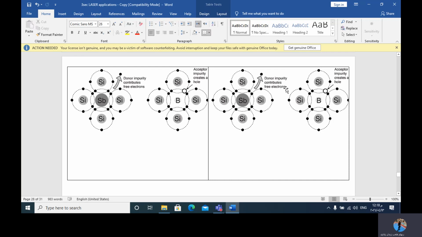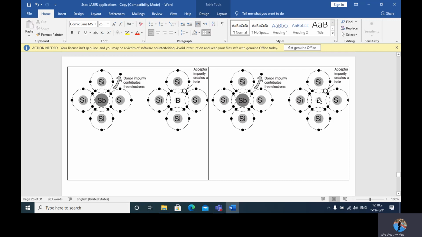Our last diagram indicates that this is the antimony and this is silicon. How many electrons are around silicon? 1, 2, 3, 4. The antimony will share with the silicon here, and it is a donor impurity that contributes free electrons, which means antimony will have an extra electron, and this extra electron will be donated to the crystal.